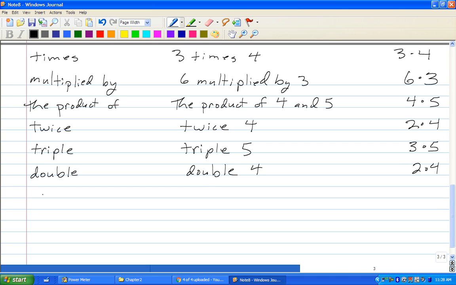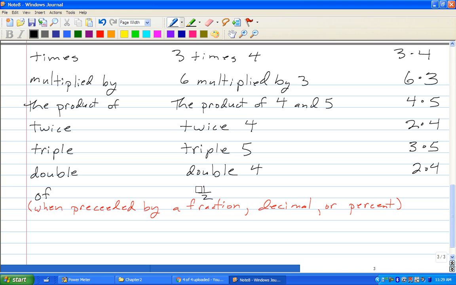Of. This is when of is preceded by a fraction, decimal, or percent.